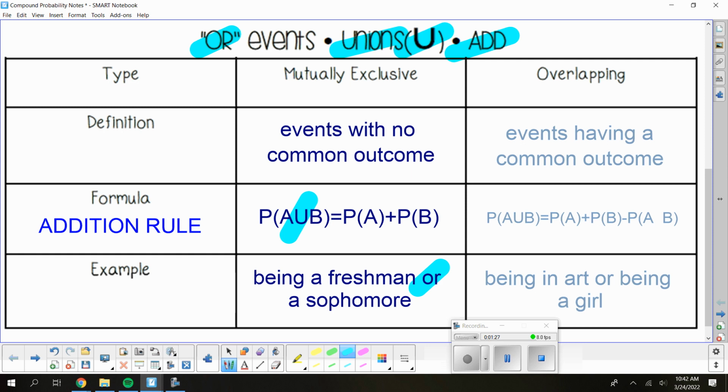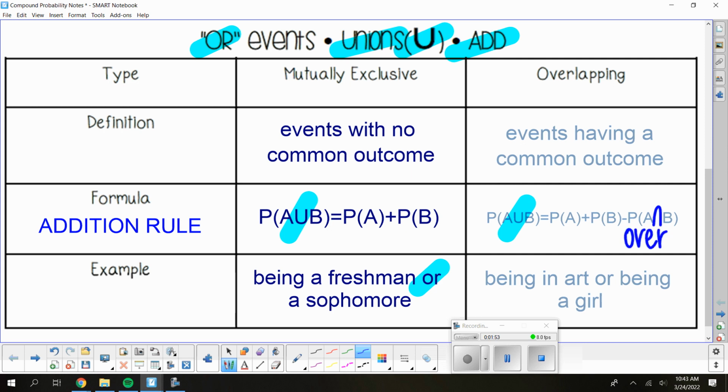Overlapping events are events having a common outcome. The formula for that is the probability of A or B, that's that union symbol. This time we're going to take the probability of A, add it to the probability of B, but we must subtract the probability of A and B. That symbol looks like this, and that is just your overlap.